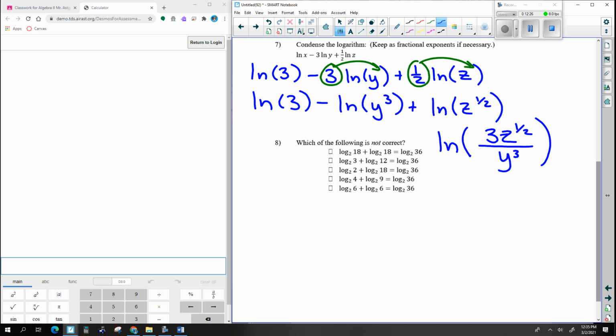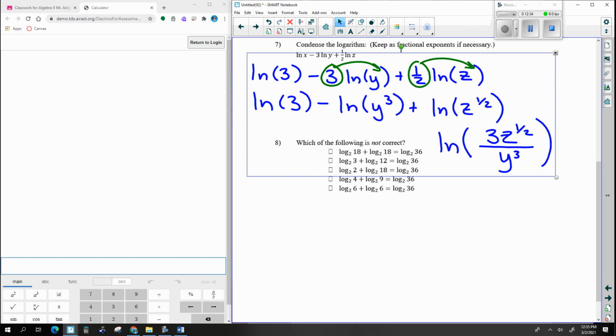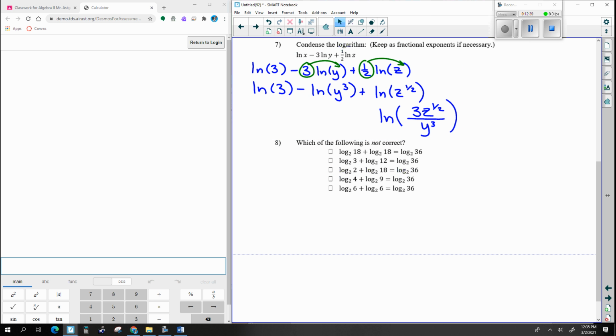Which of the following is not correct? Let's take a look here. Let me condense this previous problem down a little bit. All right, so here, the first one I see an addition, so that would imply multiplication. So this is, in essence, log 2 of 18 times 18.